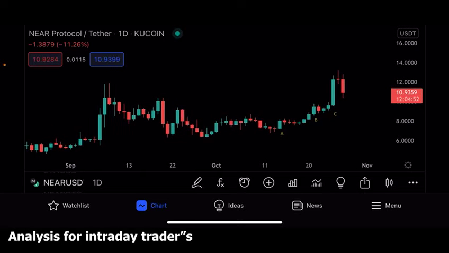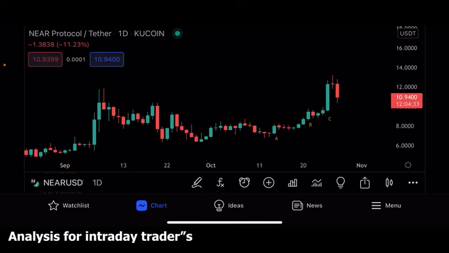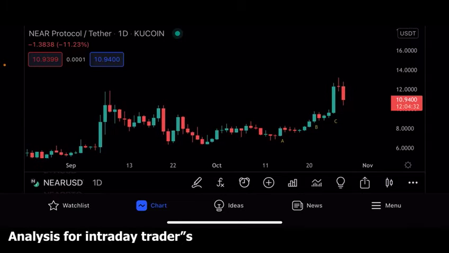From the written analysis I gave, you remember I said that once the price gets to between 13 and 13.7, there will be a correction and the price steps down a little bit before any further movement. So this correction had already started before the time of this analysis. You can see here that the price now sits at about 10.9, that's where the price is currently sitting.